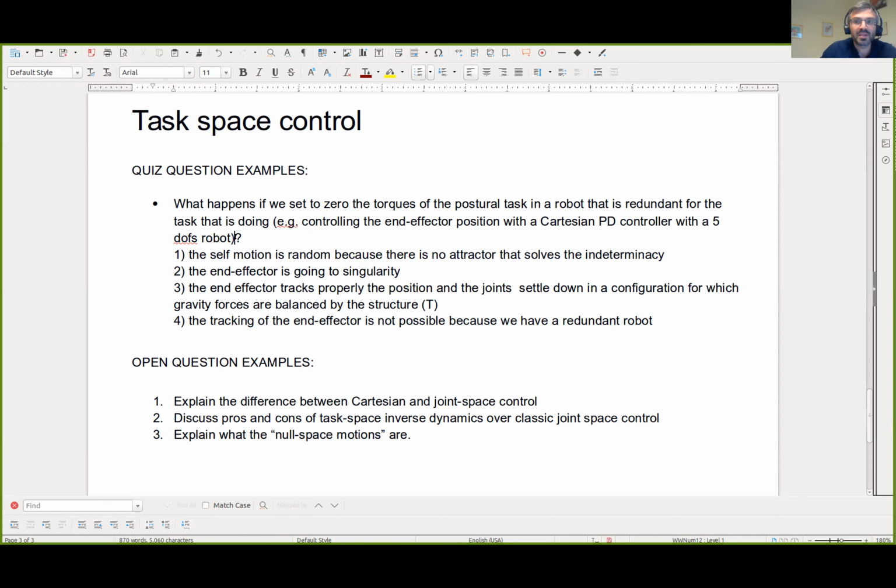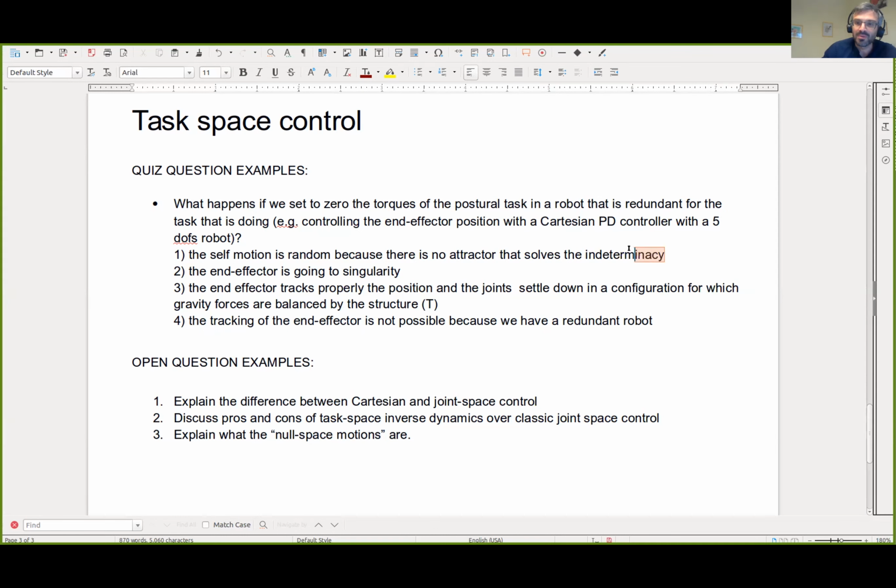And what happens, if you remember the lab, is that the robot was moving. It seems random, but actually it was not. So the first option is that the self-motion, which is the motion in the null space, is random because there is no attractor that solves the indeterminacy.